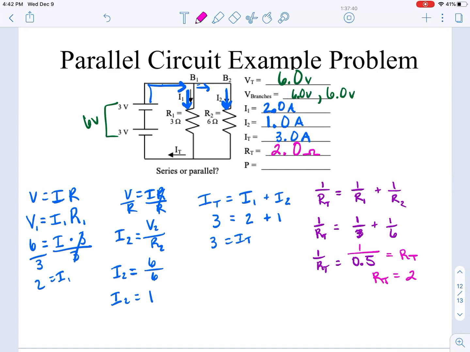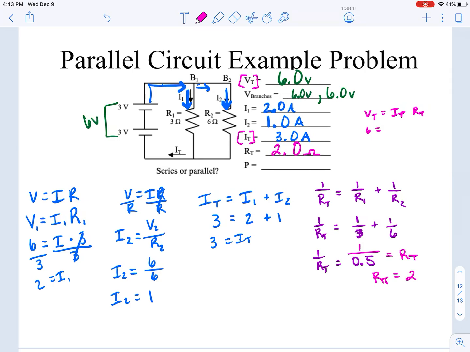But I also want to point out to you that we could have used Ohm's law in order to calculate what our total resistance was here. If I were to look at the variables that I'm given, I know what my total voltage is, and at this point, I knew what my total current was, so I could have used Ohm's law using the total values to calculate my total resistance.